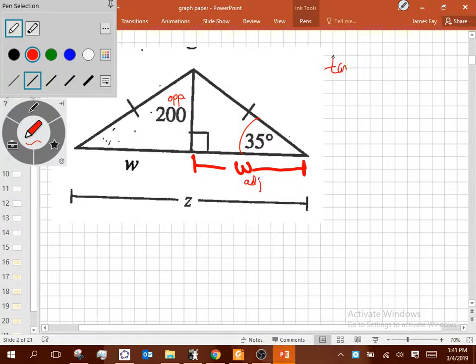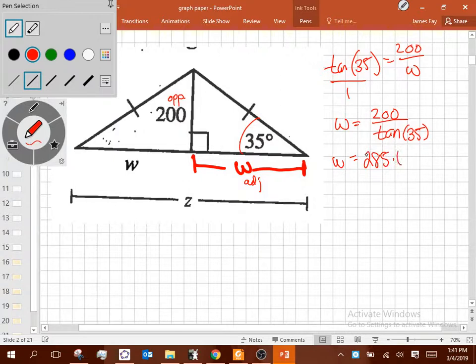Can I say tangent of 35 is equal to 200 over W? Okay, when you cross multiply and solve for W, really what happens is that the W and the tangent of 35 just switch spots. So you get something like that. I think W ends up being 285-ish.